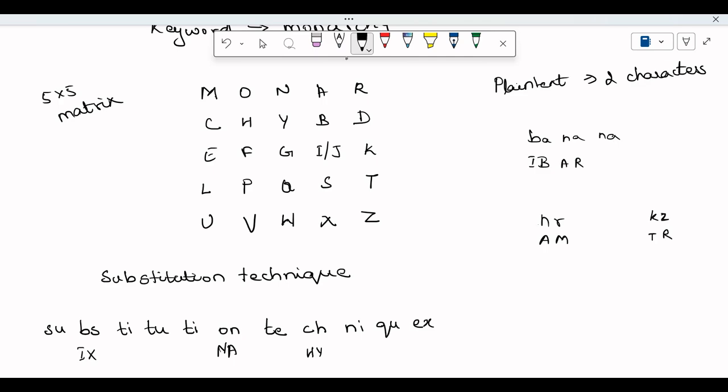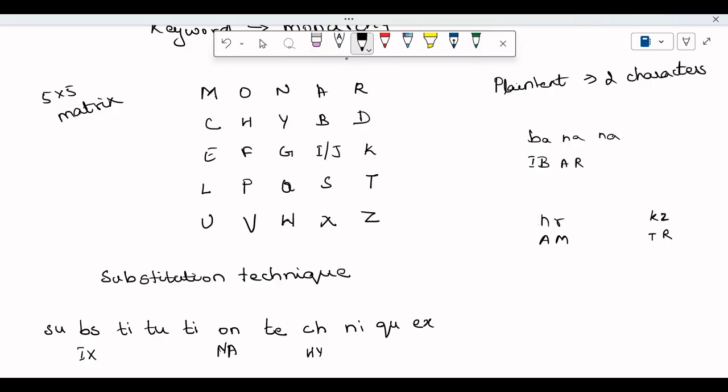Till this point we have discussed if a pair falls in the same row or the same column. If the plaintext unit falls in different rows and columns, how is it replaced? Consider SU. S is in this row and U is in this row, so different row and column.